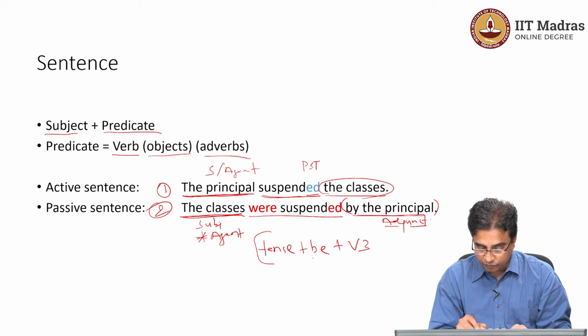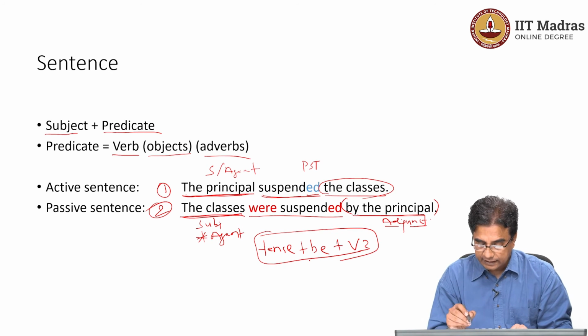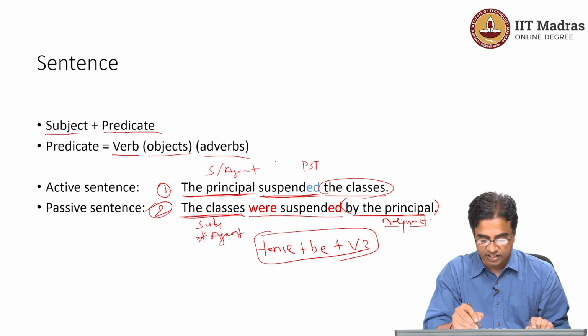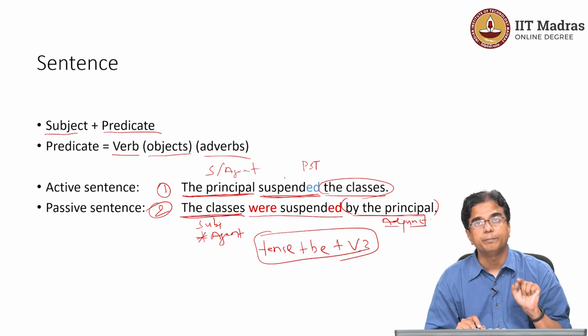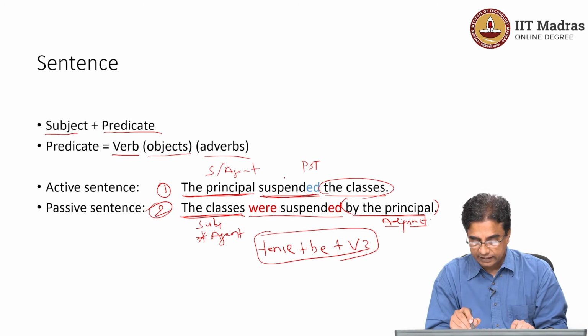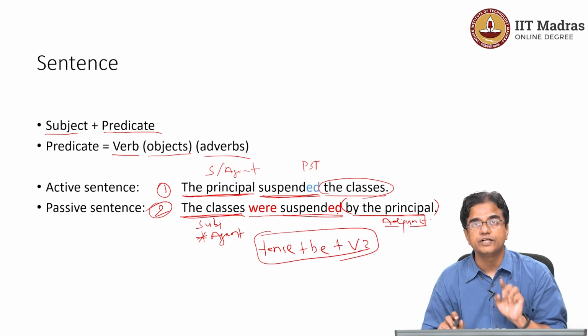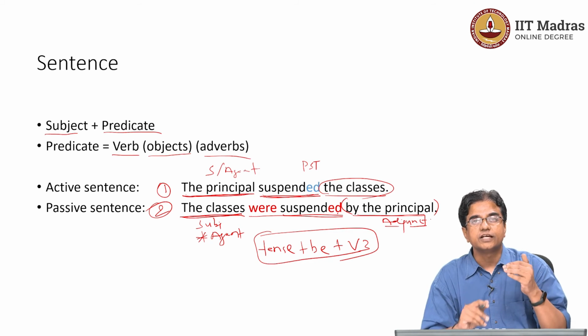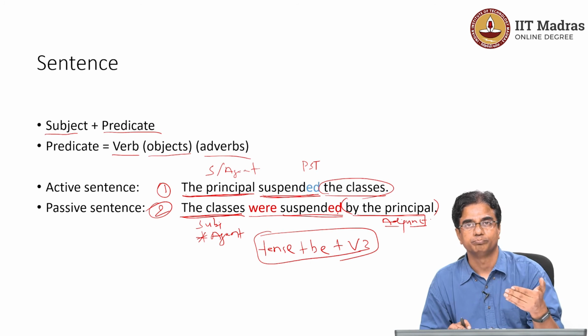This is the passive morphology. In other words, suspended in the active sentence is a transitive verb in the past form. Suspended in the passive is not a transitive verb, not past form, it is participial form.